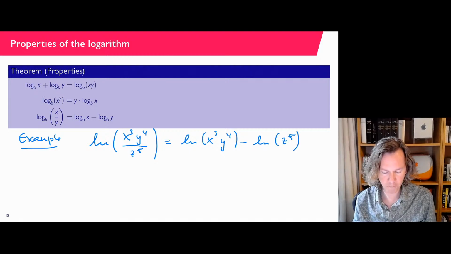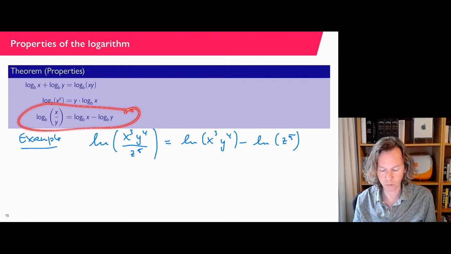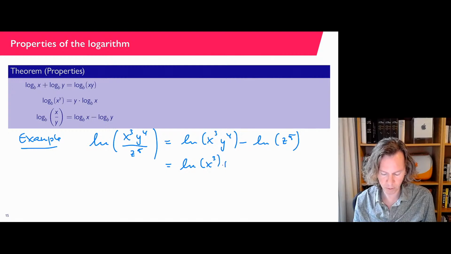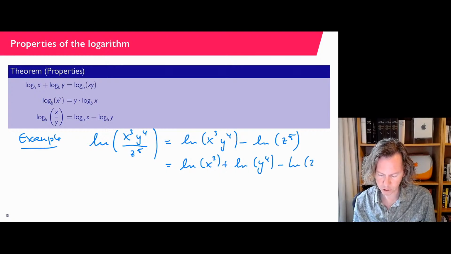To do that, I've basically used this last rule here, so that's what we use to get here. Then for the first one, I'm going to write it as ln x to the power 3 plus ln y to the power 4 minus ln z to the power 5.